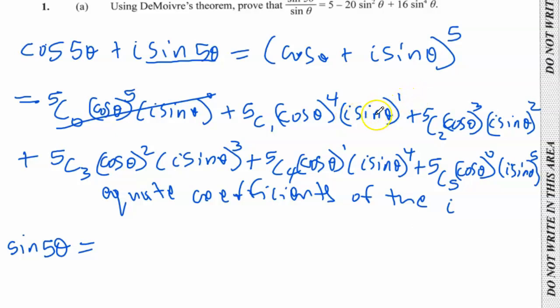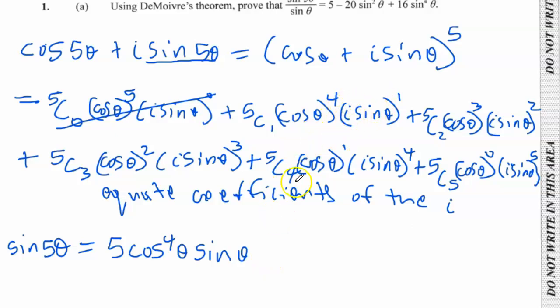But we only want the coefficient of the i. So we take out the value of 5 choose 1. That's 5. And we have cos θ raised to the 4th power, and then we have sin θ. So we're not restating the i. We only want the coefficient. On the left hand side, notice we only took the coefficient, sin 5θ. The same for the right hand side, we're only taking the coefficient.